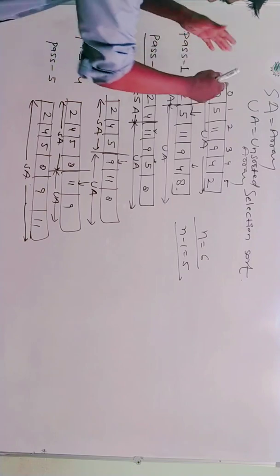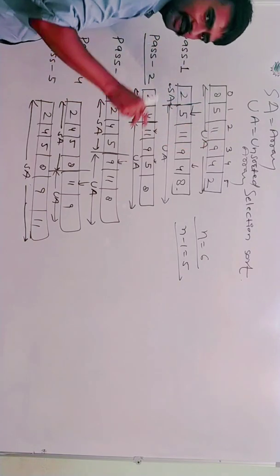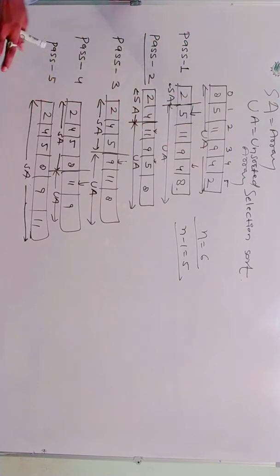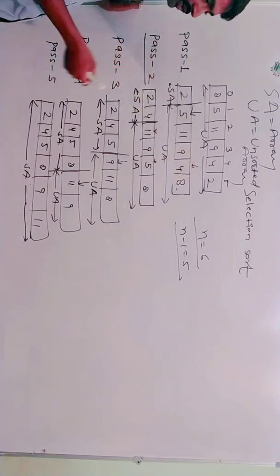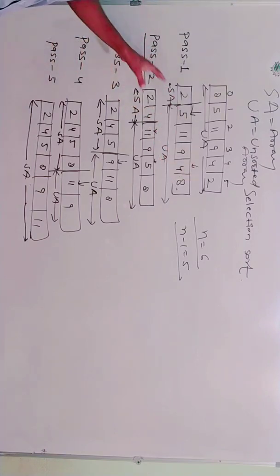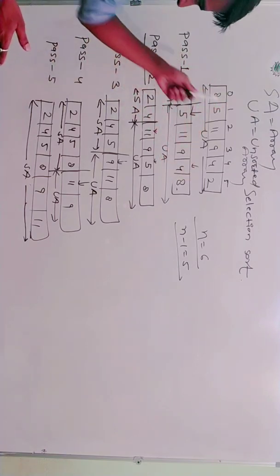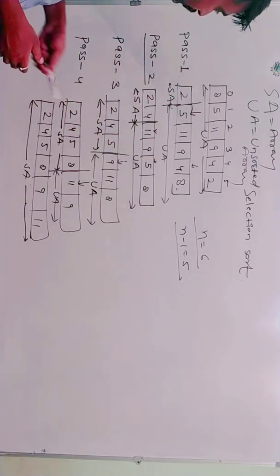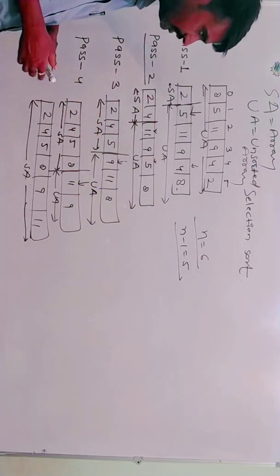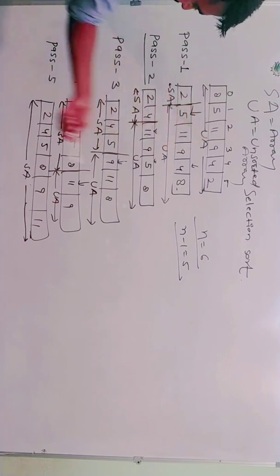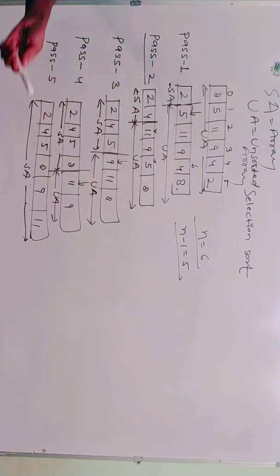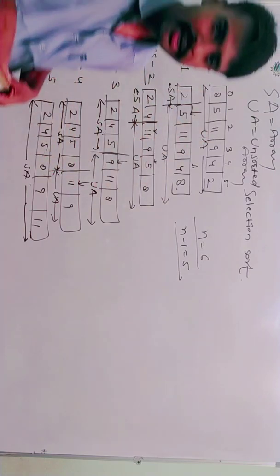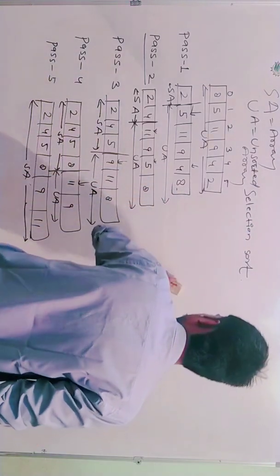We are trying to arrange these elements in ascending order, not in descending order. You can also arrange them in descending order, but the algorithm will be different for that problem. Now we will try to understand this scenario with the help of an example and program.